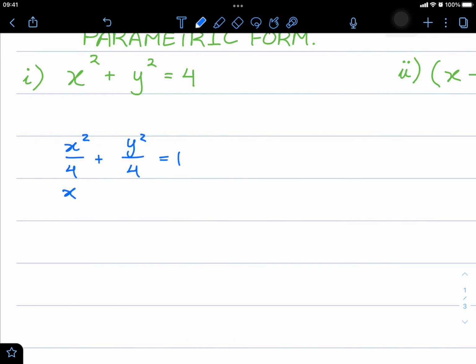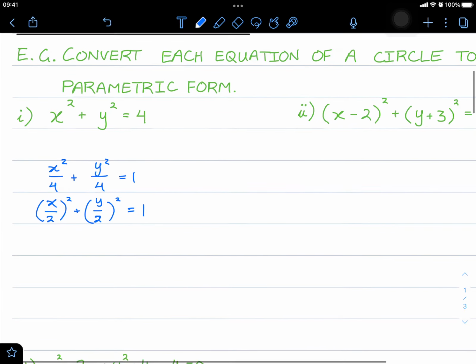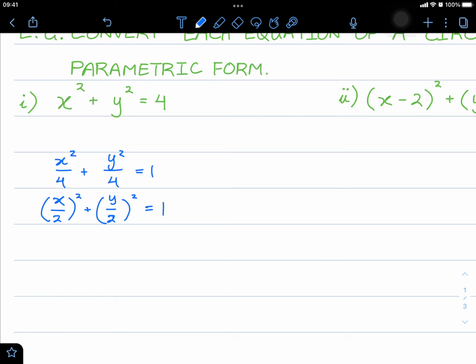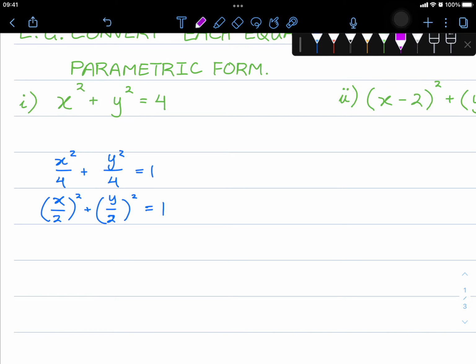Converting this, we get (x over 2) all squared plus (y over 2) all squared equals 1. And then from here, since this is of the form x squared plus y squared equals 1, we can say that this is x squared. So all of this is x.